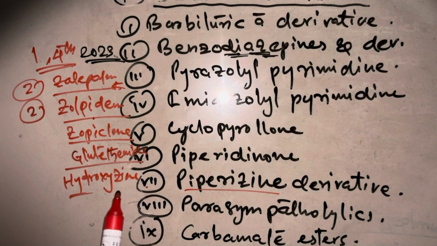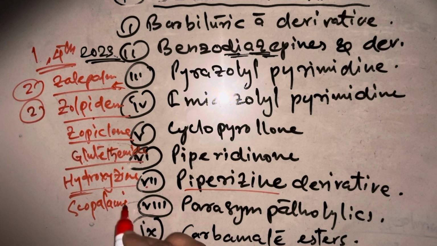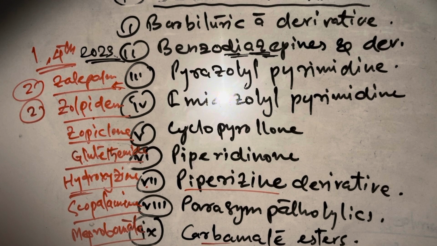Okay. Next, class 8 is parasympatholytics. Example is scopolamine. Next, class 9, that is carbamate esters, and the example will be meprobamate.